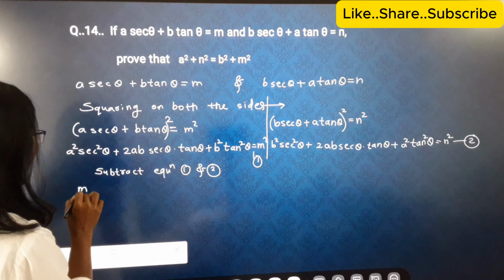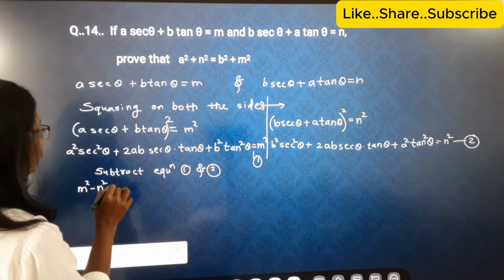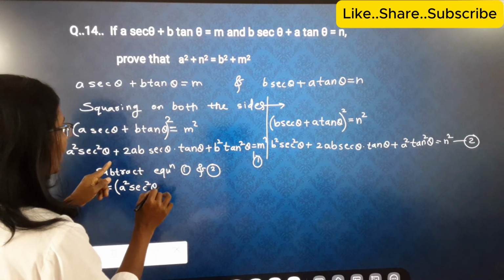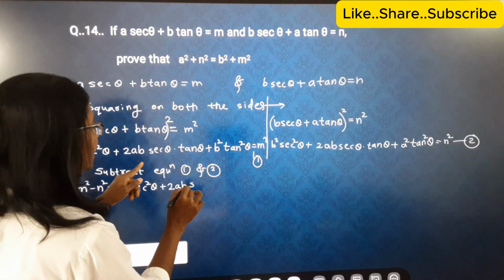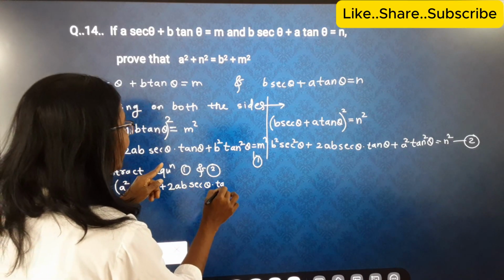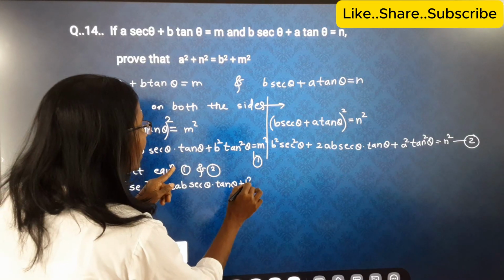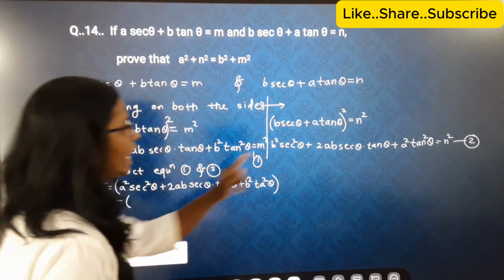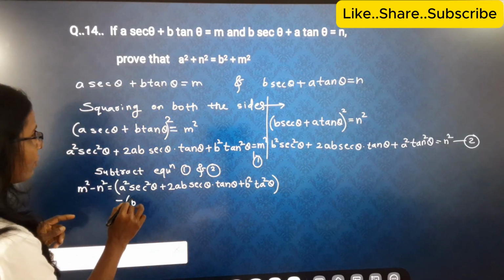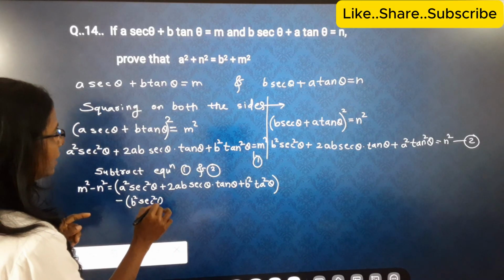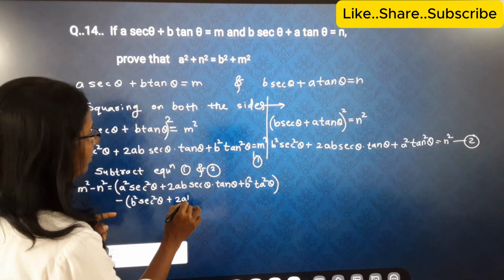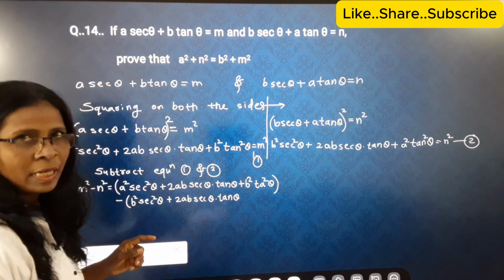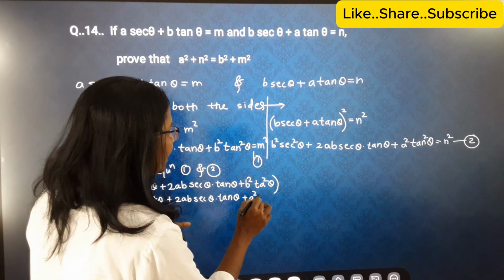So here I subtract m square minus n square. m square is this one: a square sec square theta plus 2ab sec theta multiply tan theta plus b square tan square theta, minus n square, which is b square sec square theta plus 2ab sec theta multiply tan theta plus a square tan square theta.